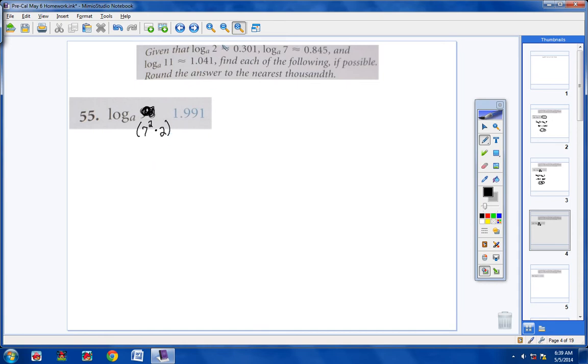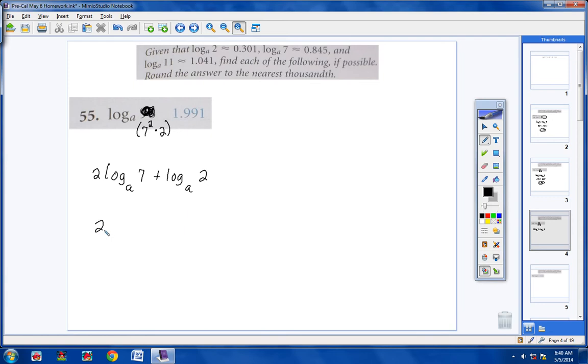You just have to take the 3 numbers that you know up here, the logarithm of 2, log of 11, log of 7, and play around with them. So if I took 7 times 7, that's 49, times 2 gives me 98. Now I have a product, so I'm going to rewrite my logarithm as log base A of 7 squared, but that 2 can go to the left, plus log base A of 2.